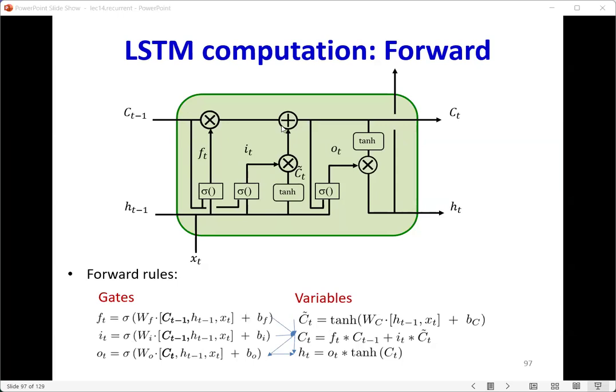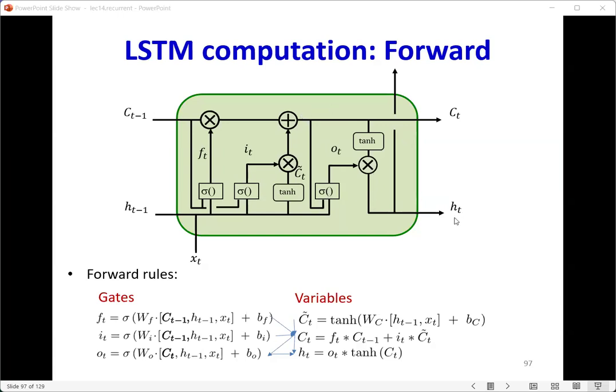Then these three are used to modify what's in memory. The forget gate scales down what's in the memory, and then the combination of the pattern detector and the input gate increments it. Now the modified memory is what is used to compute the output gate, which then multiplies the non-linearly transformed memory.